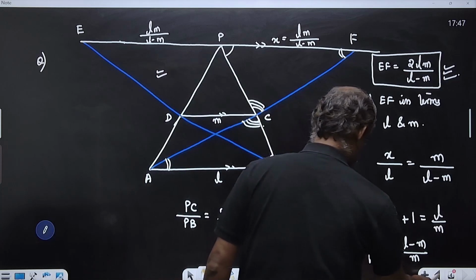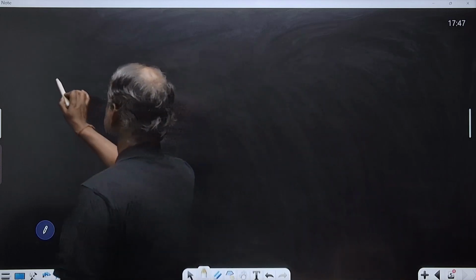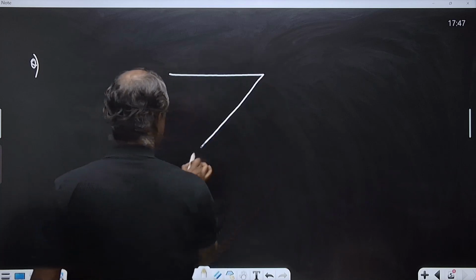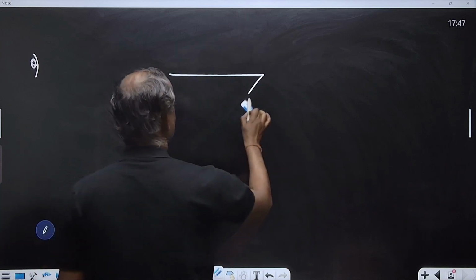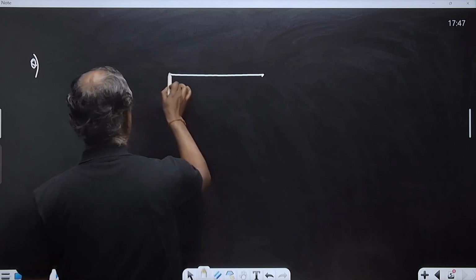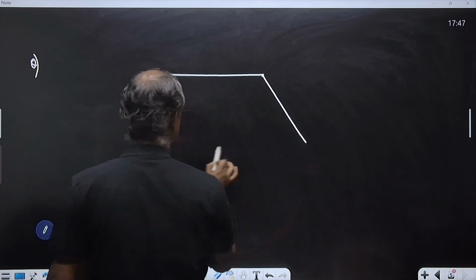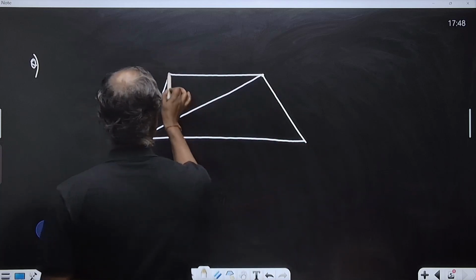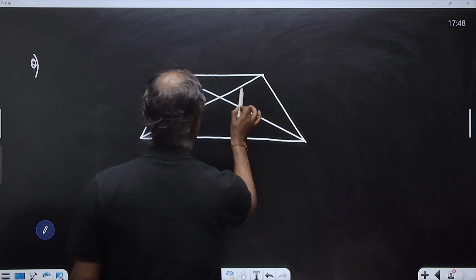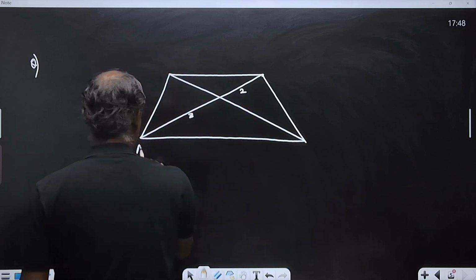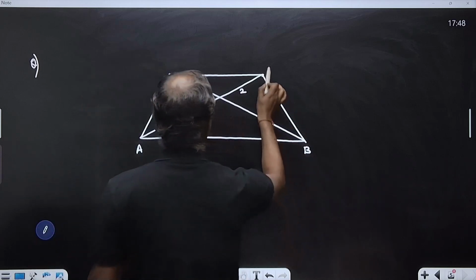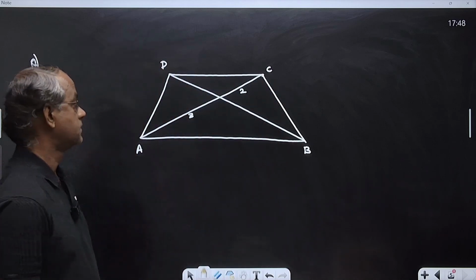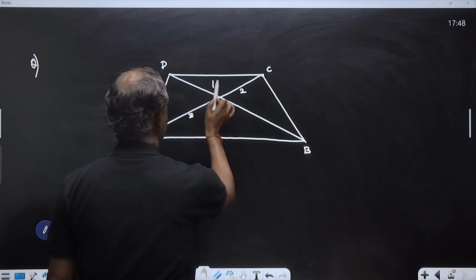Now, suppose somebody says in a trapezium, the diagonals are dividing each other in the ratio 2:3, and this triangle has area 16.